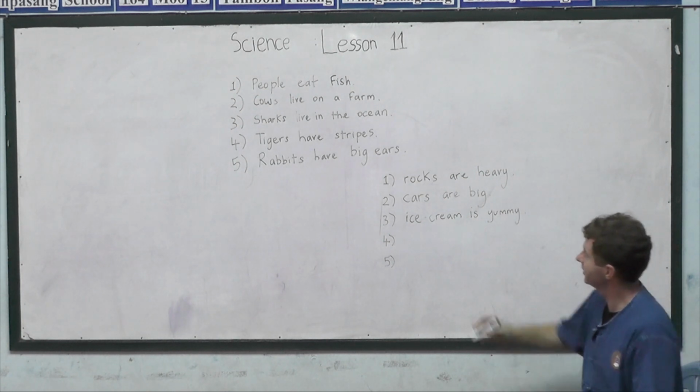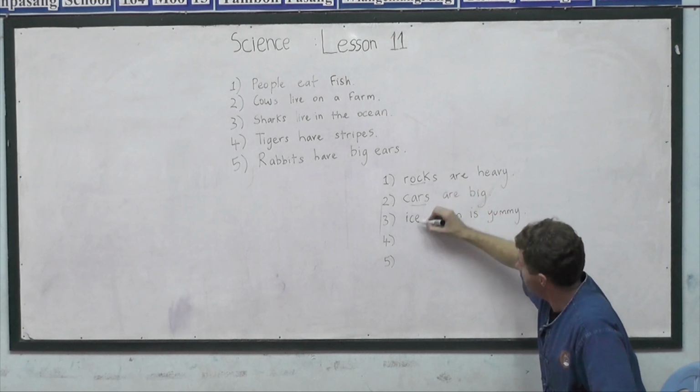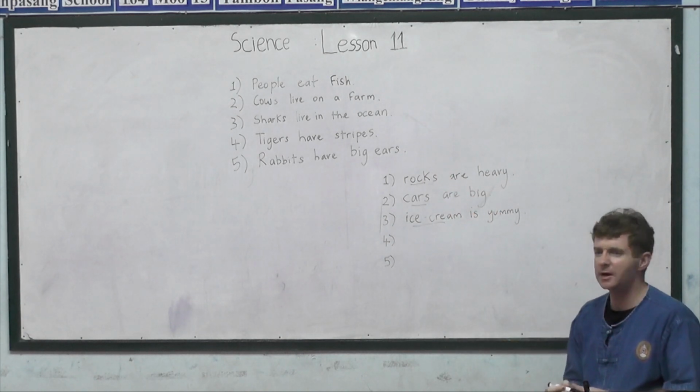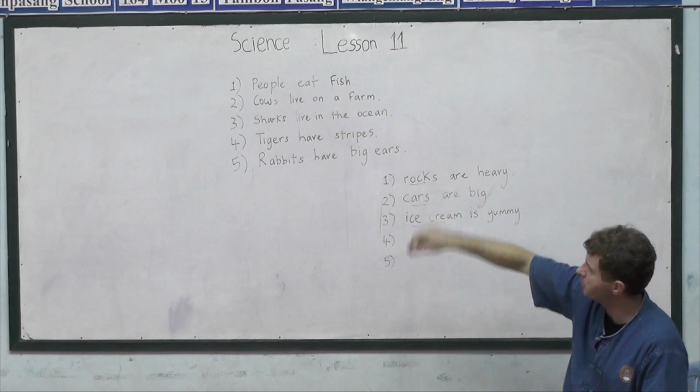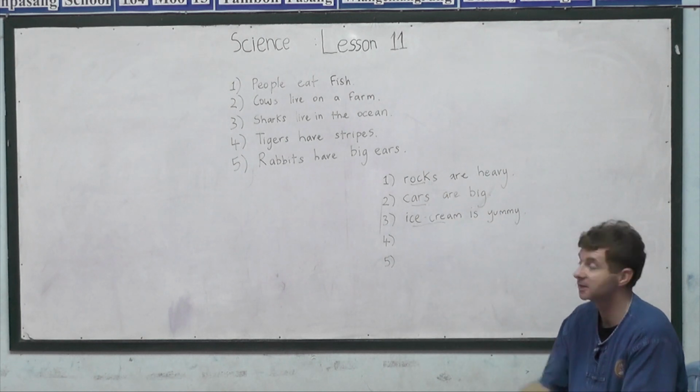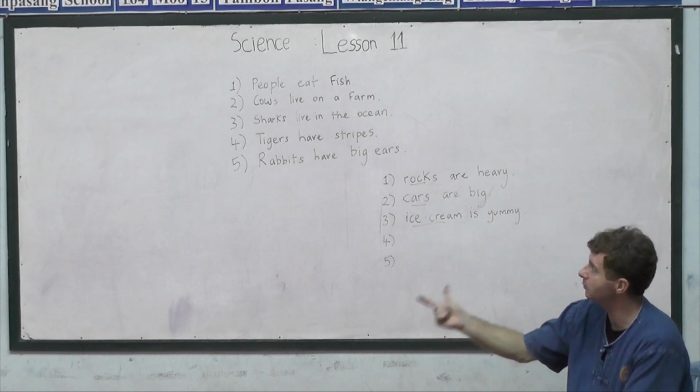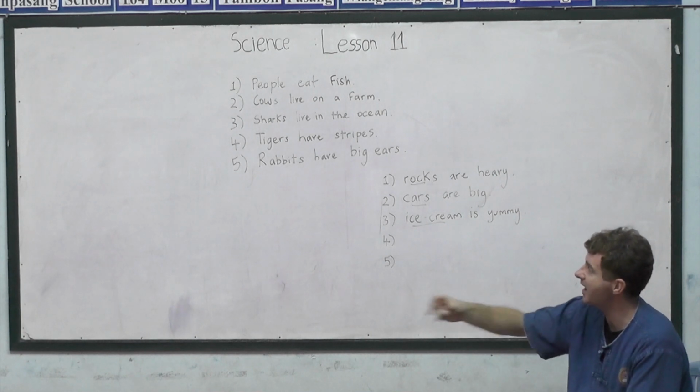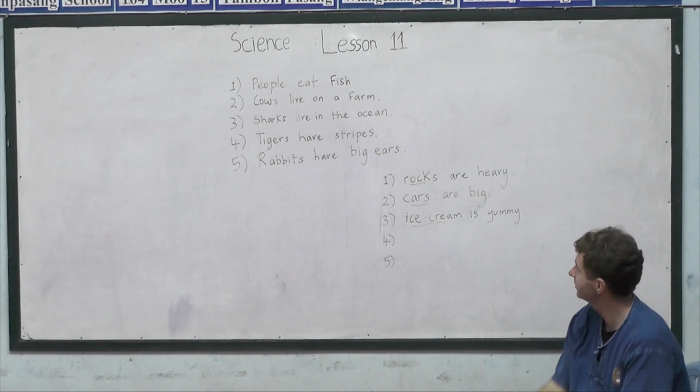So you see, rocks, cars, ice cream, non-living. Our top list is living things: people, cows, sharks, tigers, rabbits.